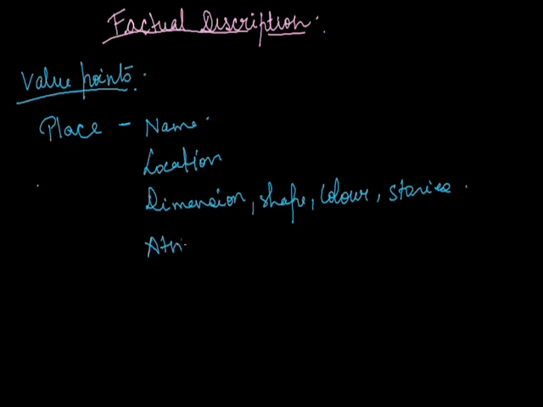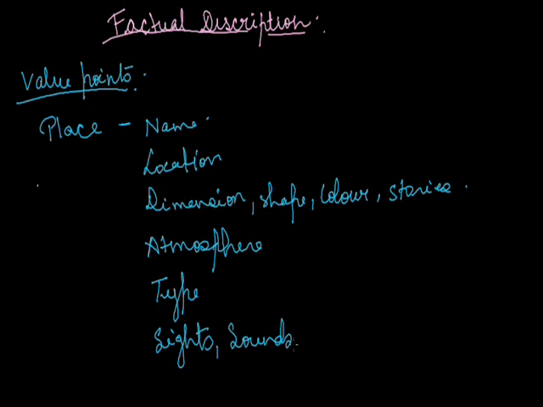Then the atmosphere. This is one of the points which we forget to describe. Type, for example, which type of building, a park, etc. The sights and the sounds around. The purpose or the use.